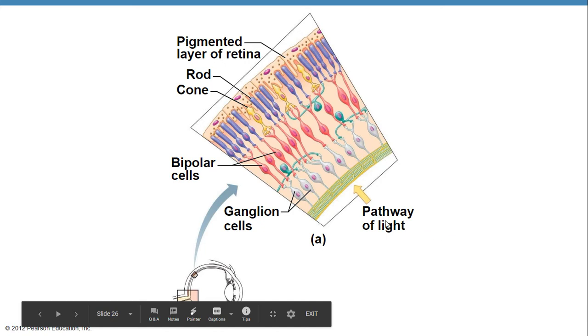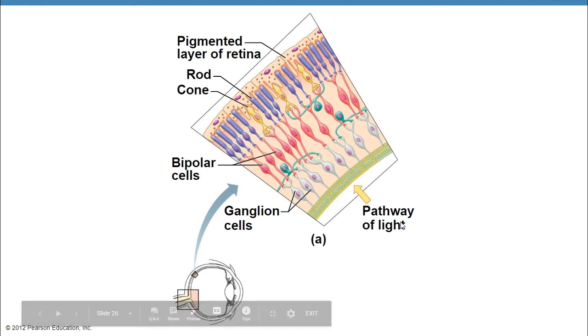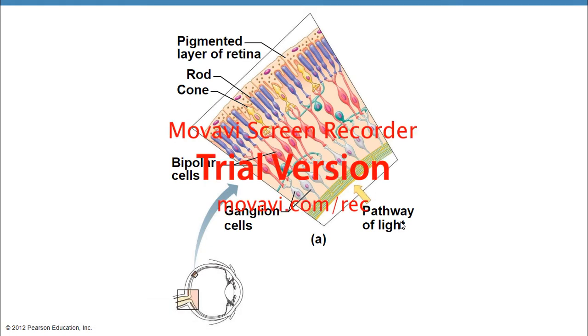So you can see from this figure how light is going to enter this way. Light has to pass through the ganglion cell layer and then the bipolar cell layer to reach and excite the rods and cones.